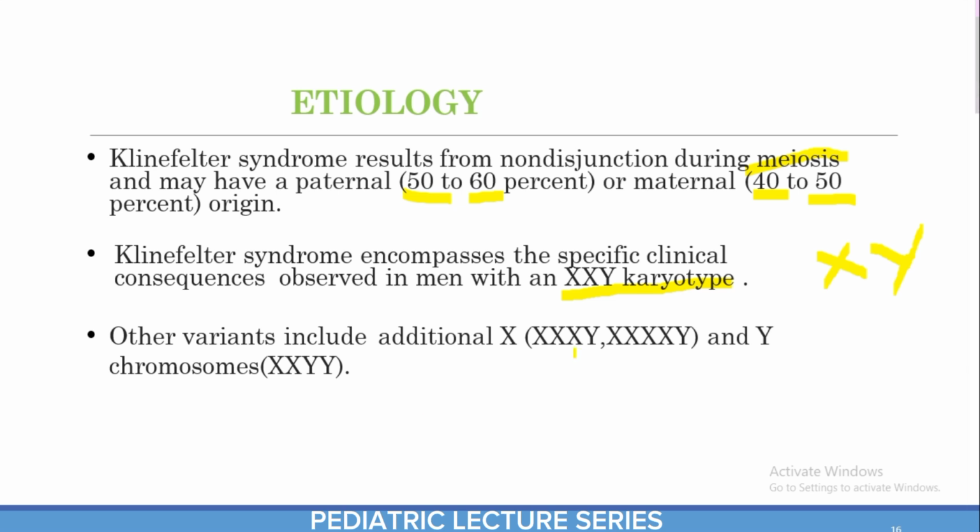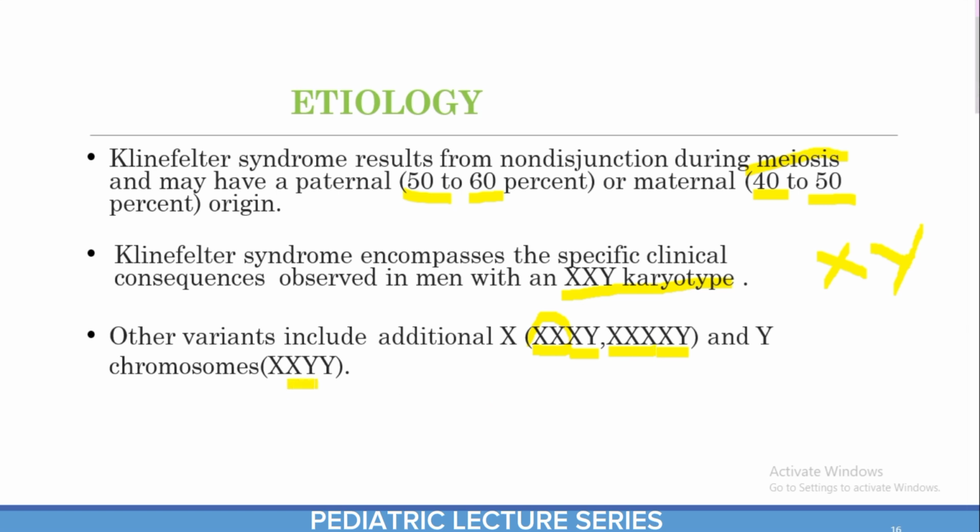For example, normally an individual is supposed to have this, but then here they have an extra 2 X chromosomes. And in this case, also they're supposed to have this for a normal individual male, but then they have extra 3 X chromosomes. And then in this case, they're supposed to have this.